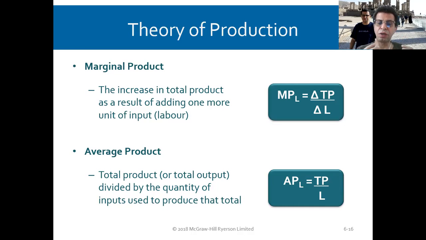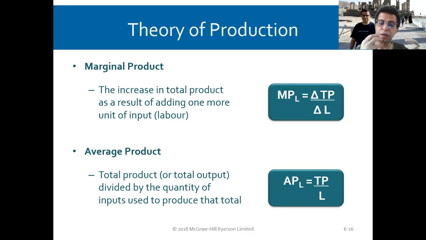Then you have what is called the average product. The average product is the total product, or the total output, divided by the quantity of inputs used to produce the total. So you have 10 units of bricks, 10 units of wood, whatever, you put them together and you make a small house.